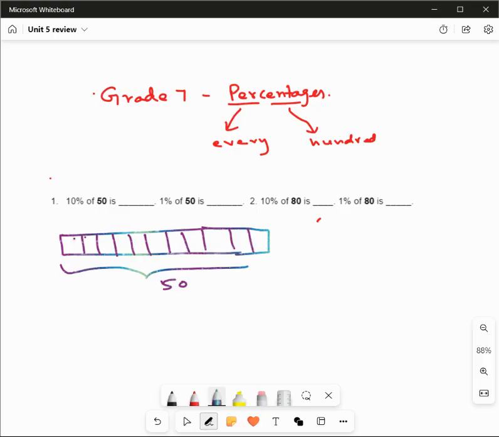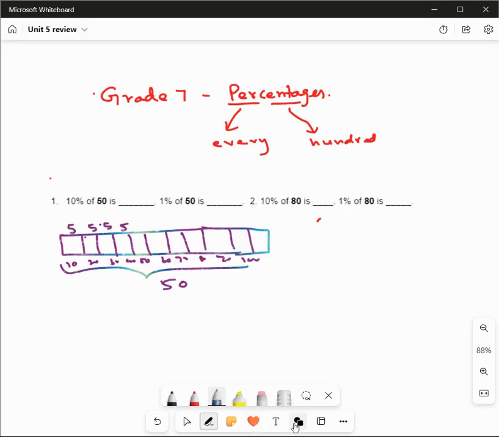Now, obviously, each piece is 10%. So 10% will be 5, 10, 15, 20, 25, like that. Each piece is going to be 5, right? Also this is 10, 20, 30, 40, 50, 60, 80, 90, and 100%.